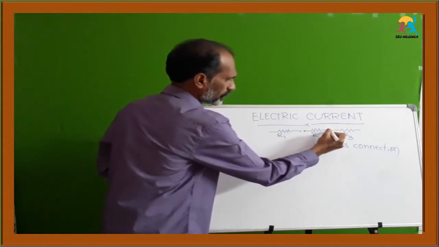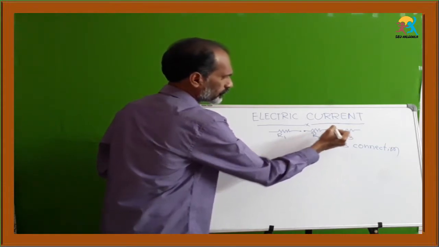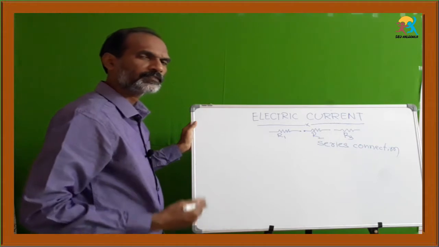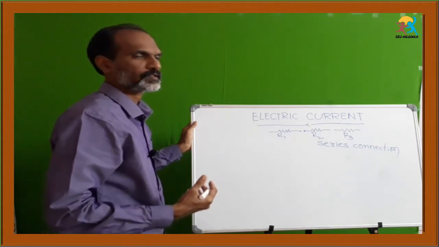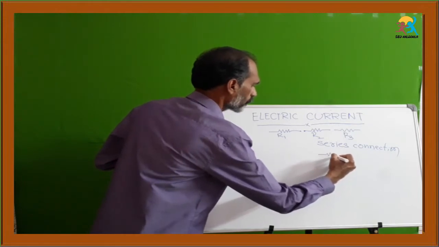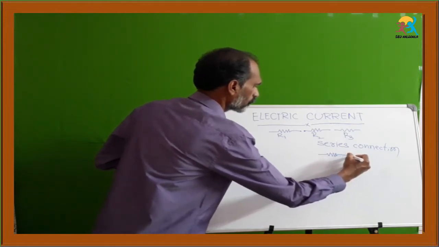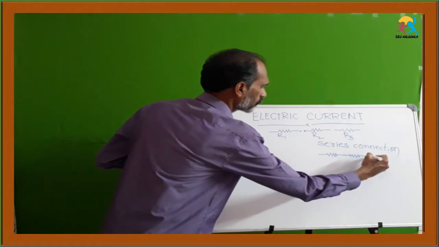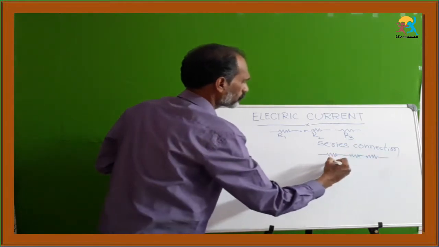The other end of the second resistor is connected to the first end of the third resistor. In this way we can connect all the resistors. So the circuit can be made like this. This is the first one, this is the second one and this is the third one.